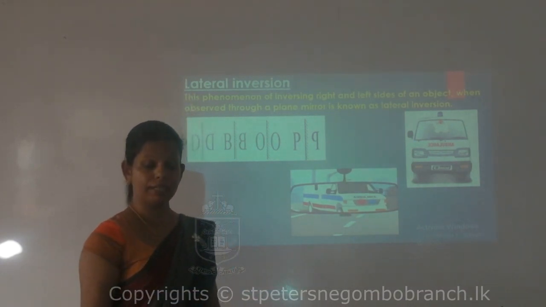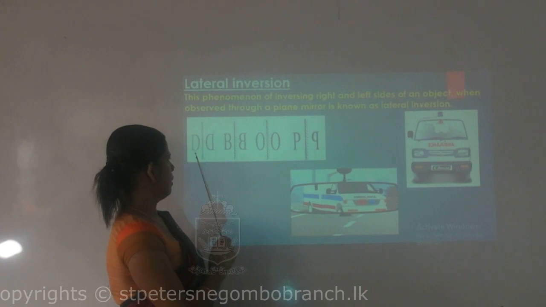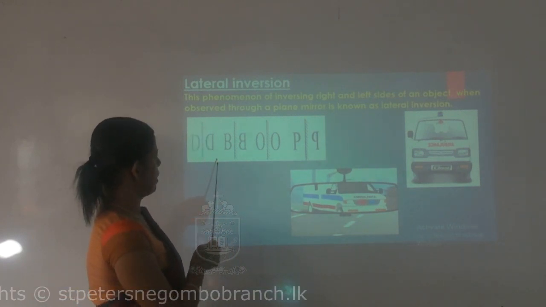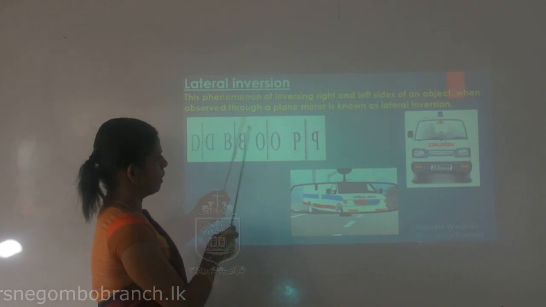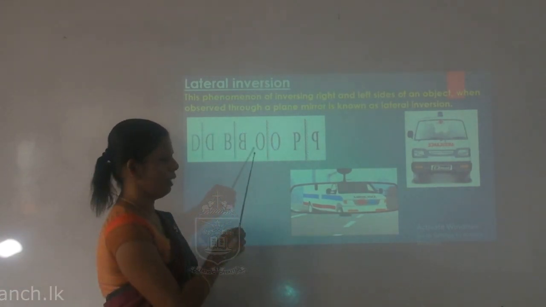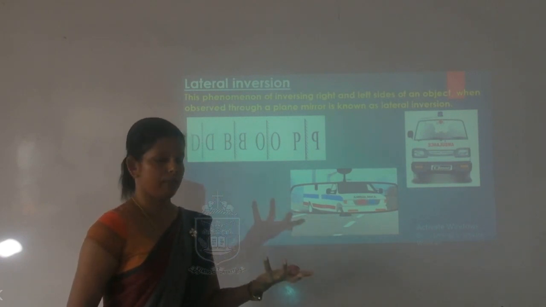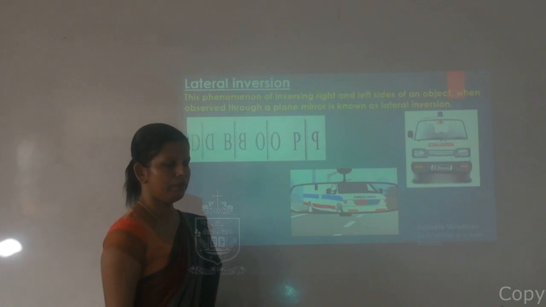There are some examples. You can see the letter D, because of the lateral inversion you can see it like that. Letter B also. Letter O, we cannot see the lateral inversion because O is symmetric. P also shows lateral inversion.